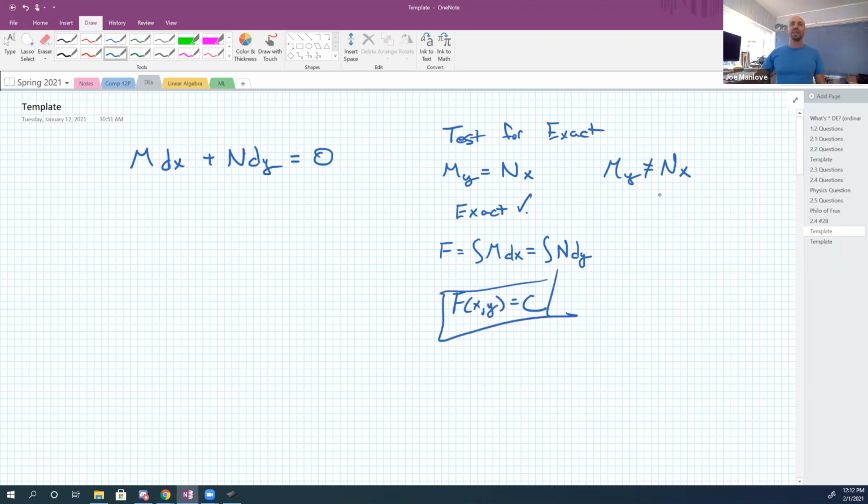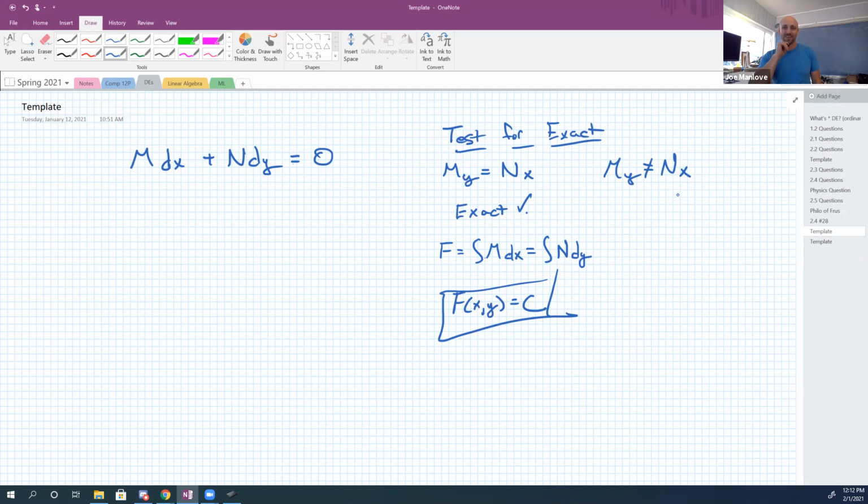Okay, so the idea of an integrating factor is, in the case that it's not exact, then what do you do? Well, there's something really horrible that somebody noticed a long time ago. They noticed that it's possible that you could multiply this function through by something, have it become exact, and then you could solve that equation.